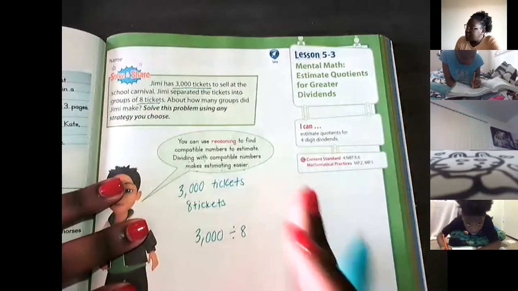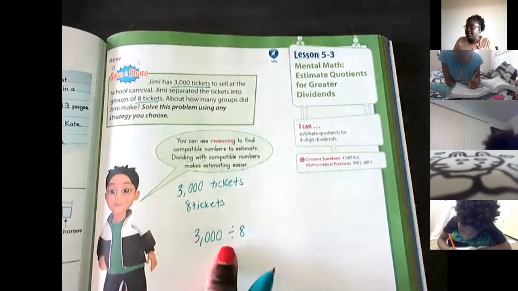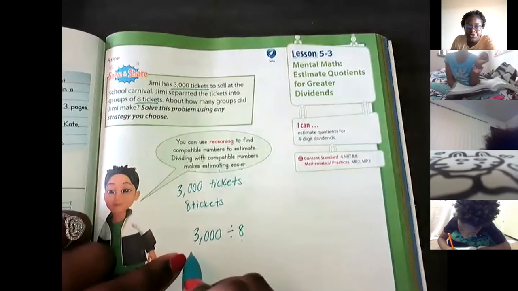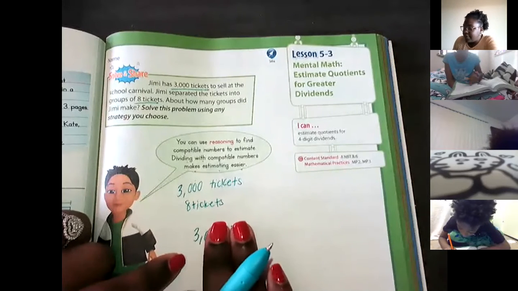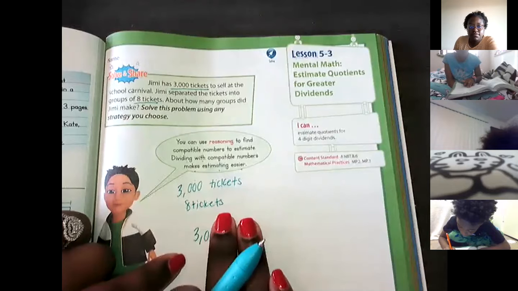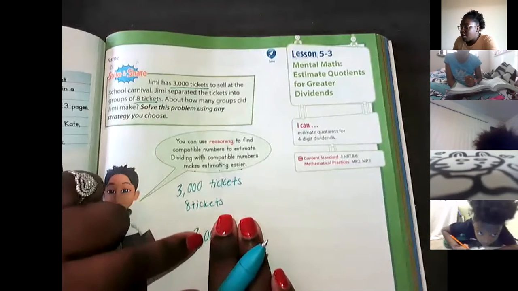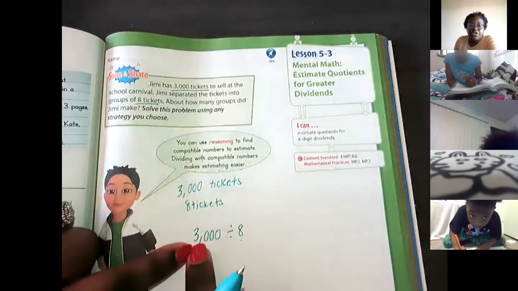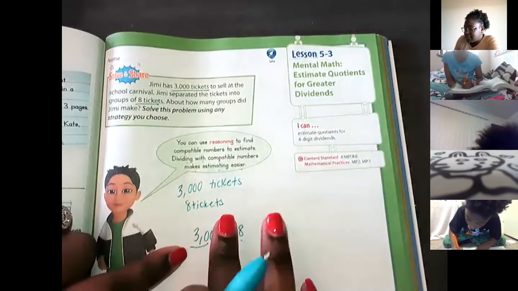Okay, so let's look at this. Let's just ignore some of these zeros, right? Because we know for a fact 8 can't go into 3. We know that 8 cannot go into 3. But can 8 go into 30? Yes, 8 can go into 30. So let's start off with this 30. 8 cannot go into 30 evenly, but maybe we can find a number that's close to 30 that can go evenly into 8?